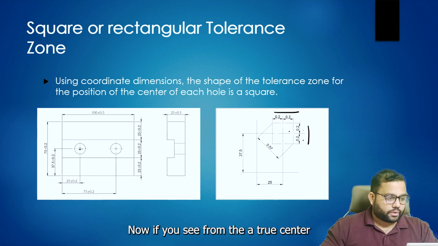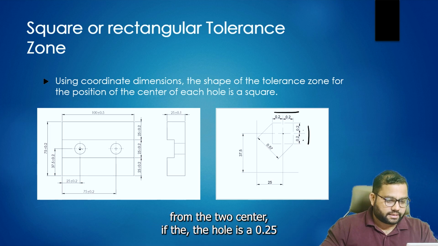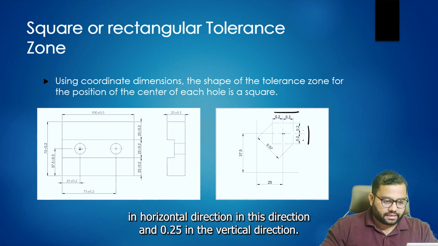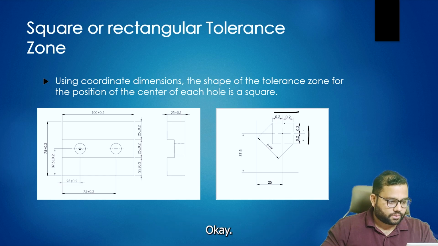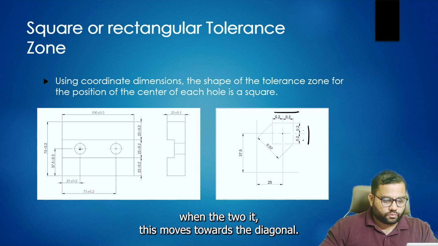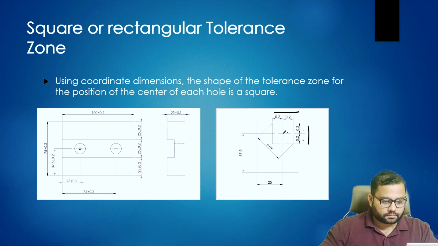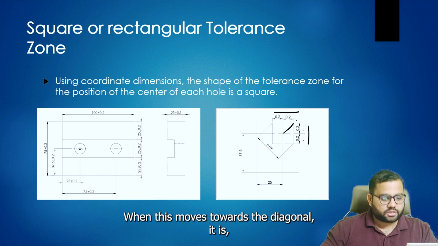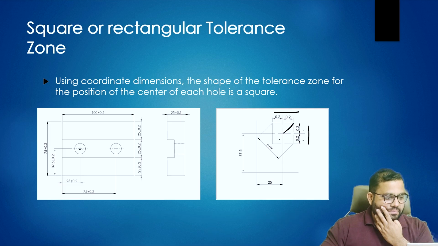If you see from the true center, the hole can be 0.25 in the horizontal direction and 0.25 in the vertical direction. But when this moves towards the diagonal, it is more.